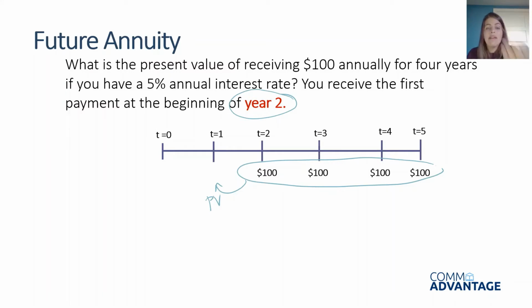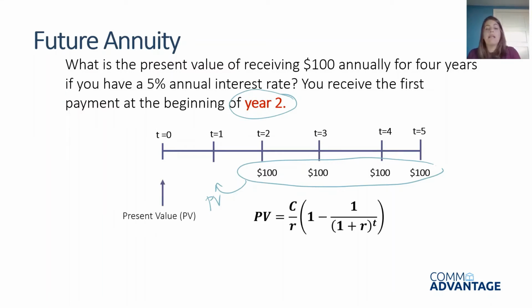So in this example, it's going to give us the value at year 1. And we actually know what that is: we just found out it would be worth $354.60.